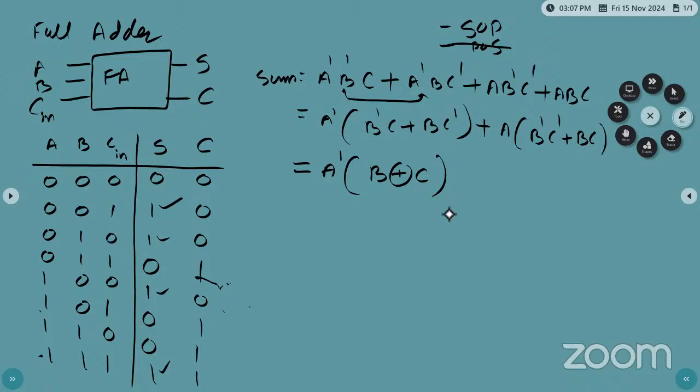A bar dot B XOR C plus B bar C bar plus BC. Right? Actually, this is B XNOR C, or B XNOR C is the complement operation of B XOR C. Now, you can simplify it.